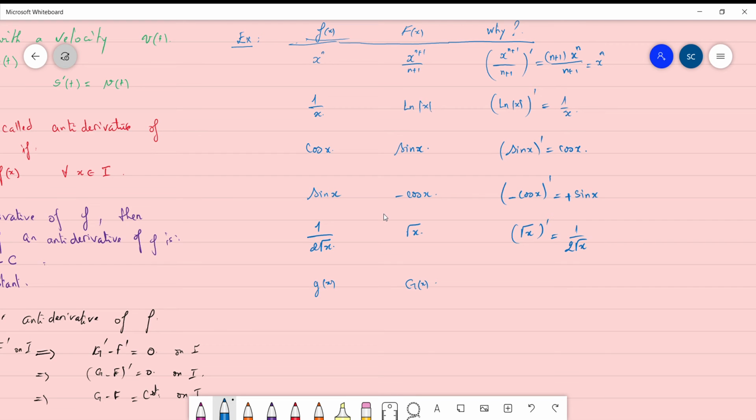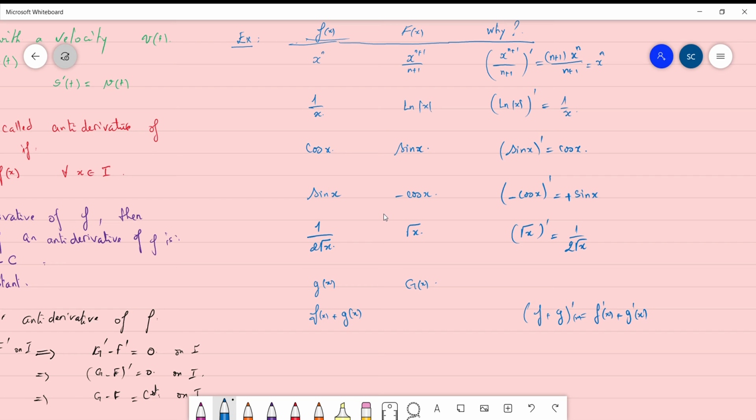So if I have f(x) plus g(x), what is an antiderivative of the sum function f plus g? I know that the rules of differentiation tell me that this operation is true.